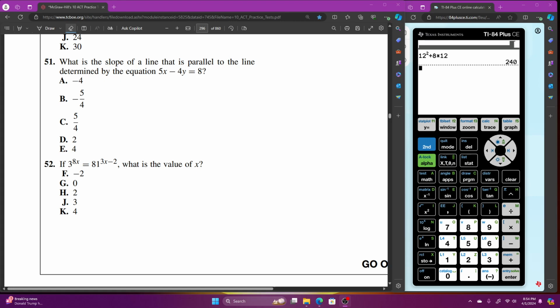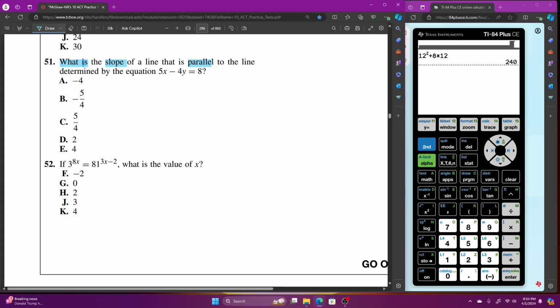Question number 51 says, what is the slope of a line that is parallel to the line determined by the equation 5x minus 4y equals 8? I want you to focus on this part that says, what slope is parallel?